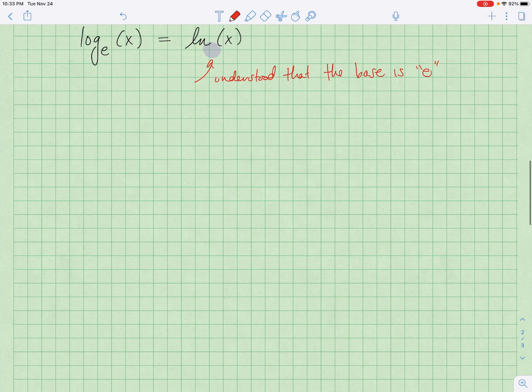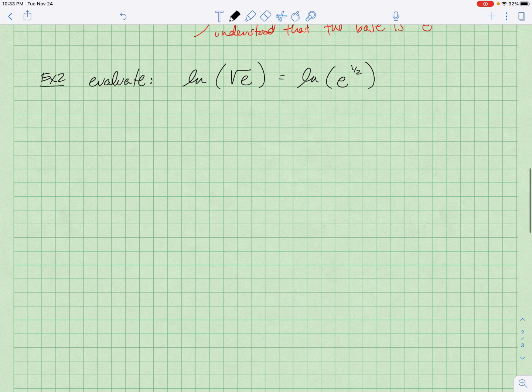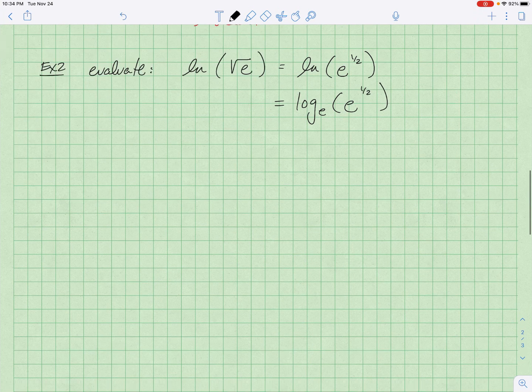So if I have an expression like example 2, evaluate the natural log of the square root of e, I can rewrite that as the natural log of e to the 1/2 power. But I know that the natural log is log base e. And so we can do a couple of things here.